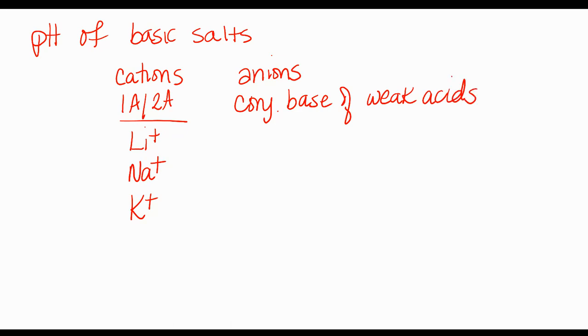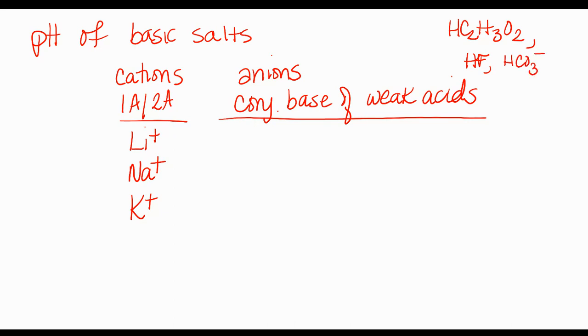Now remember, there's too many weak acids to list. So I'll just do a little sidebar here of just some common ones like acetic acid, hydrofluoric acid, bicarbonate ion is a weak acid.